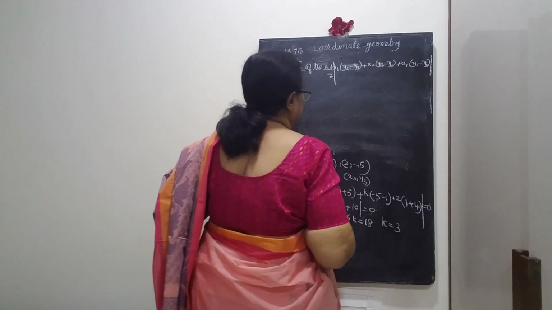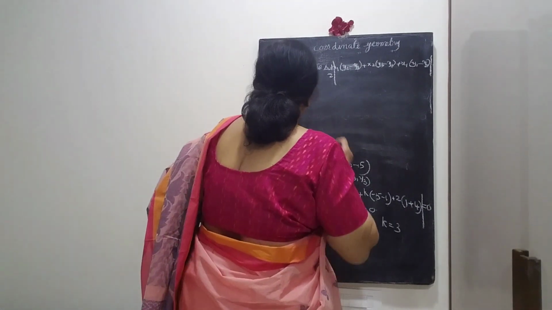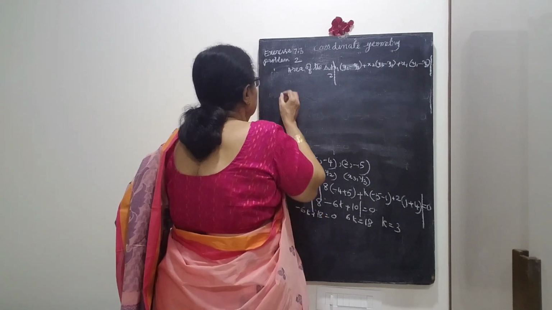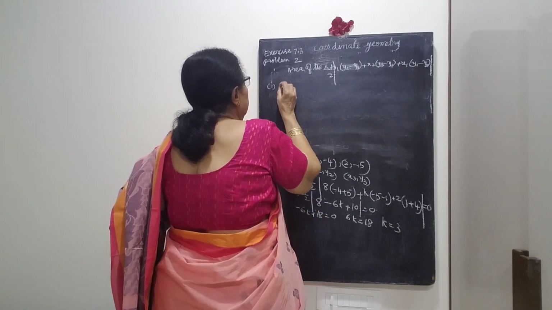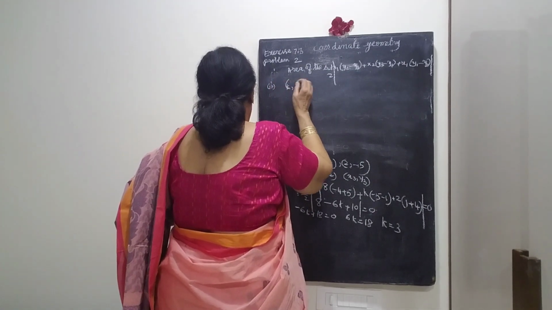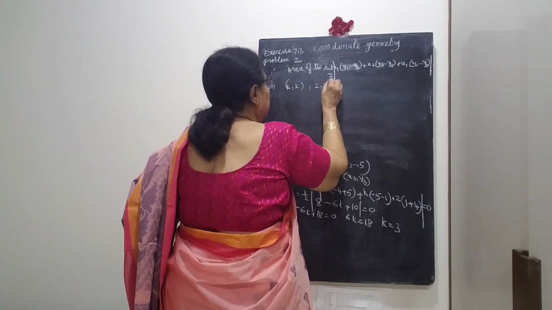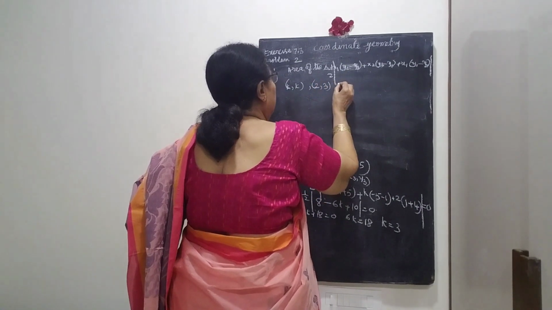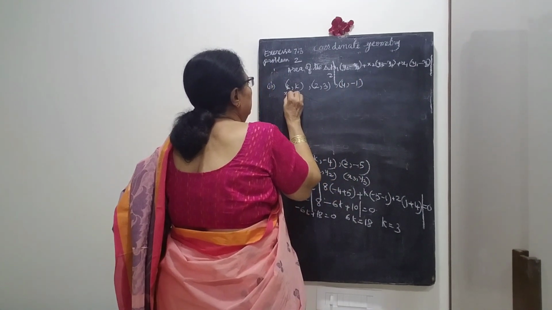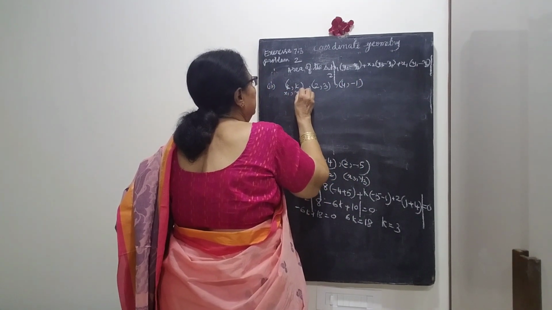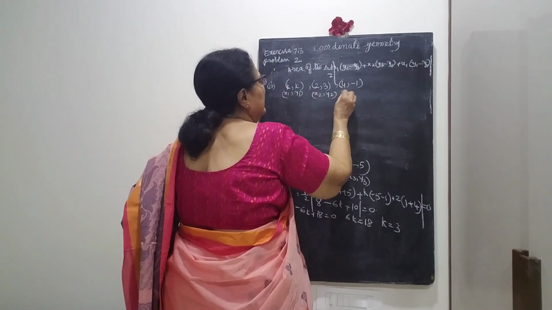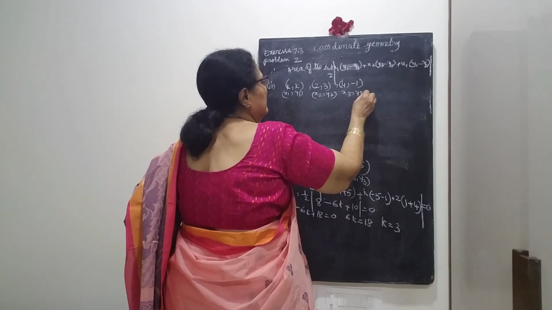This is the formula. And the third bit coordinates he has given as (k, k), (2, 3) and (4, -1). So this is x1, y1, this is x2, y2, this is x3, y3.